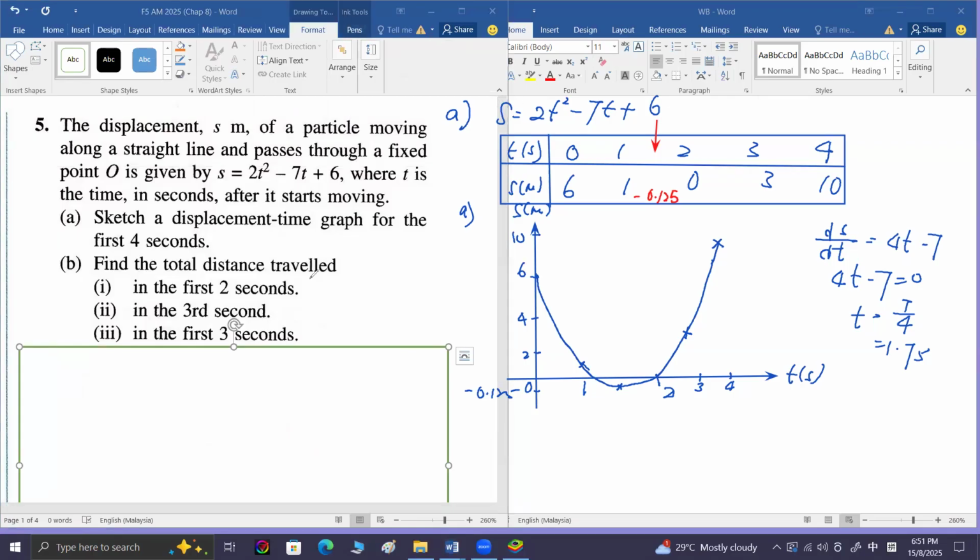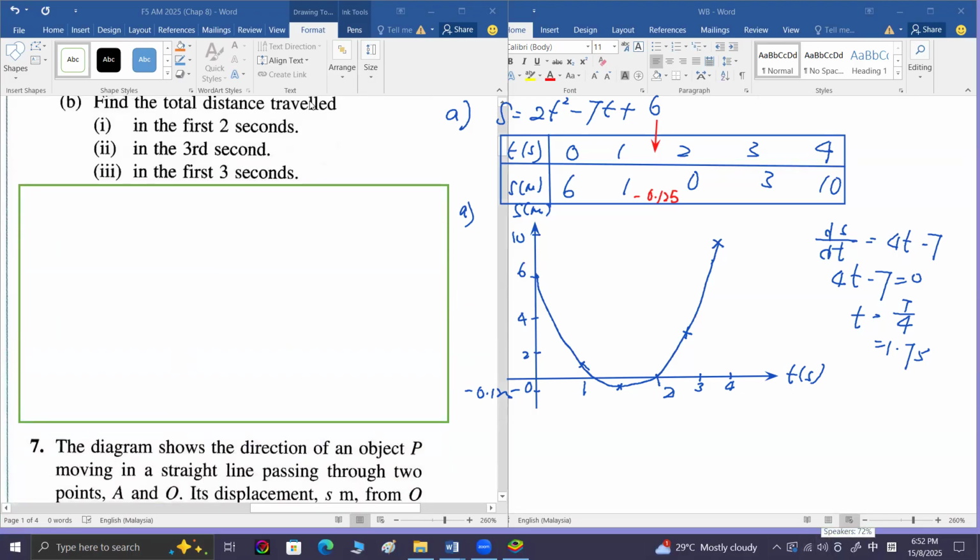Find the total distance traveled in the first two. So we see the first two. Same, I sketch the number line like just now to show you. And just now I taught you that these 3 points will do: starting point, turning point, ending point. Starting point means when t is 0, you're at 6.